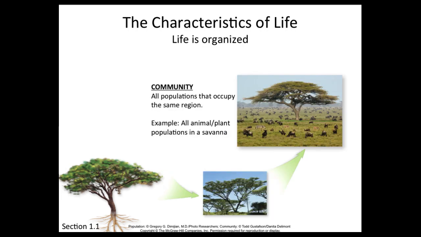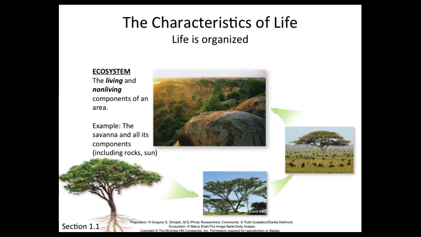If we're looking at multiple species of organisms, we're at the community level. This is all the populations that occupy the same region. For example, it's not just the plants, but it's the animals. All of these different organisms interacting with one another in this African savanna. Ecosystem is a step larger.